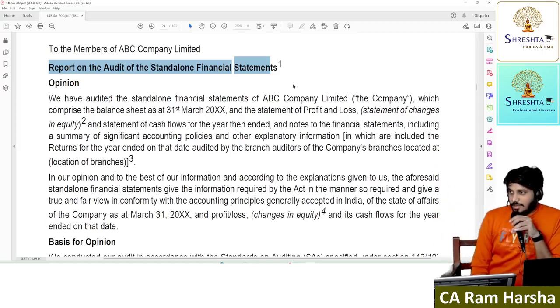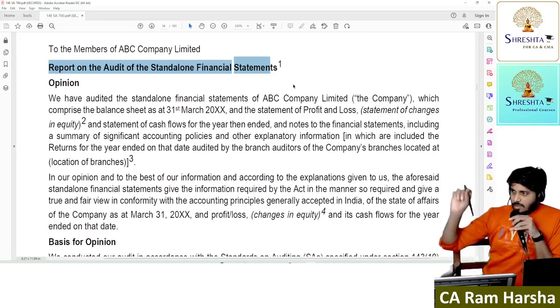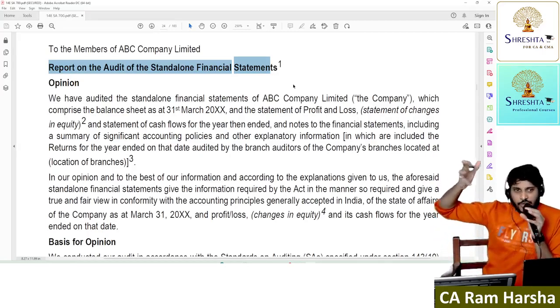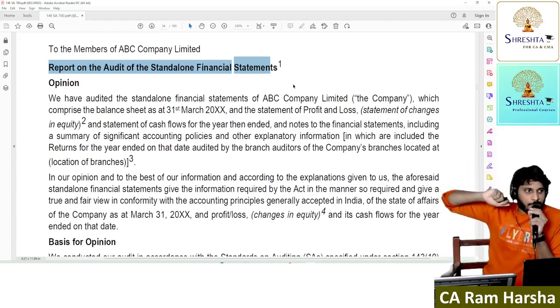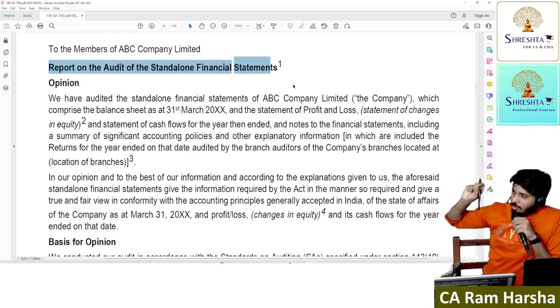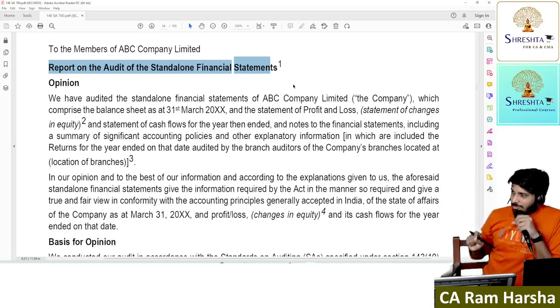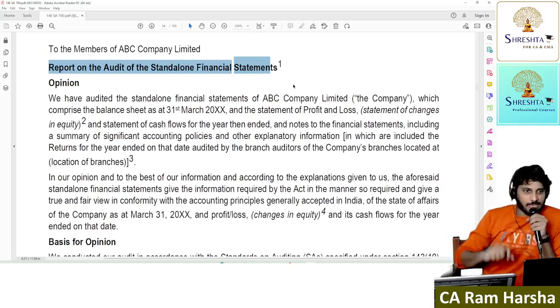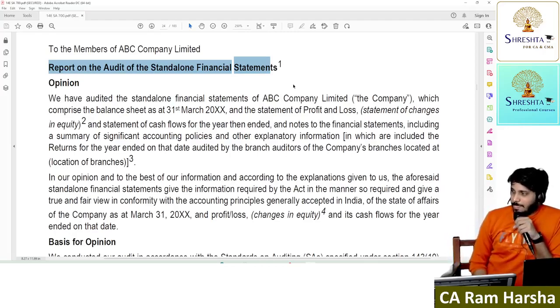Able to understand? Very simple, take an example. In marriages and all, we see this. When there is a marriage going on, do we look at only the bride and groom, or do we look at the family as a whole? As a whole family. Yes or no? Same way here also, in a company, take Tata Motors.